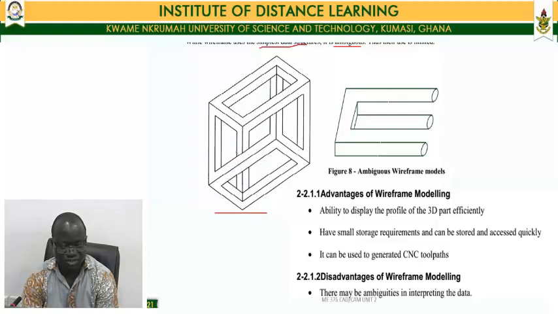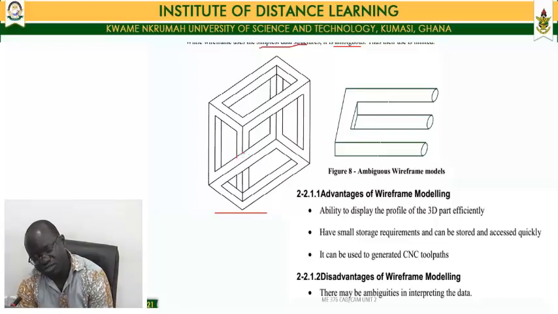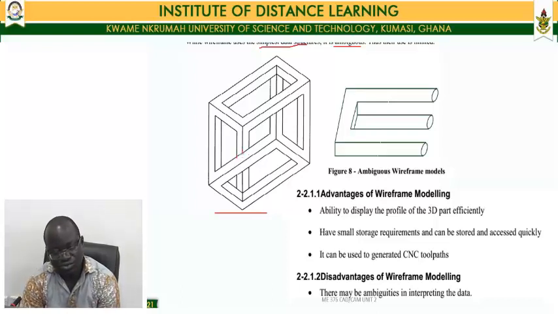You could see some interference in this view that you could see here. So you struggle to know whether this point lies on this edge or it lies on the vertical edge. So we say that the data structure could be ambiguous.